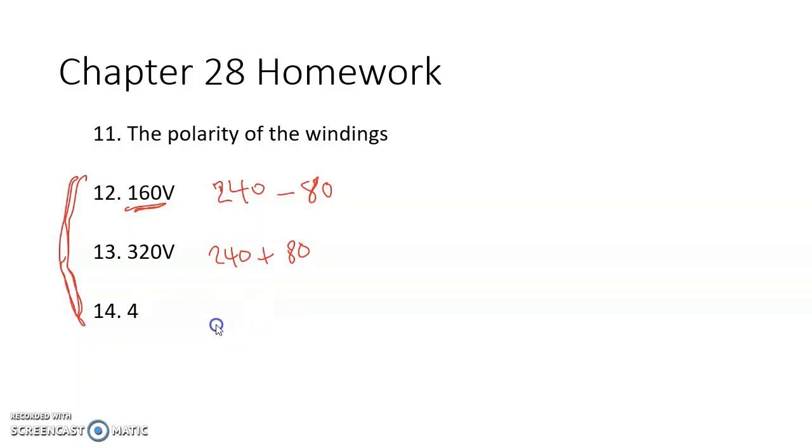I'm going to try to draw this on the screen here. This is going to be the primary. I'm going to label this terminal 1, this terminal is 2, and the question says there's a dot on the terminal 1. Then we have the secondary. I'm going to draw it like in the book.